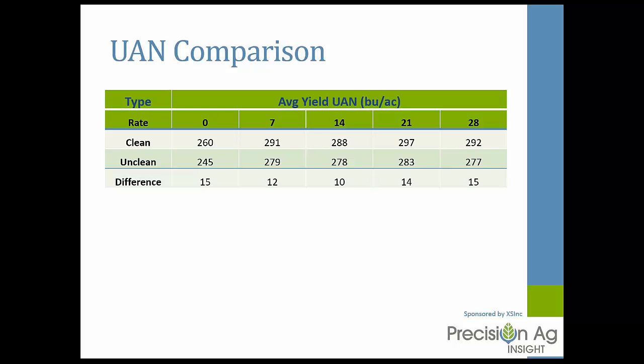That difference varies from 10 to 15 bushels per acre. So once again, depending on what rate you were looking at, it had a greater impact on certain ones than others. So a 5 bushel yield difference is significant when trying to detect a 1 or 2 bushel difference.